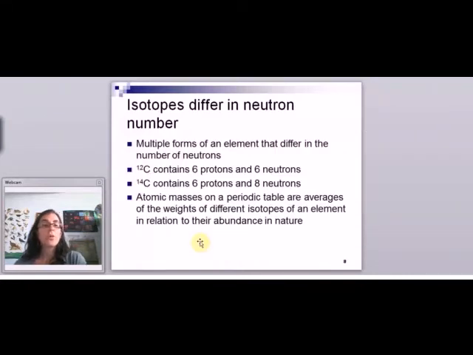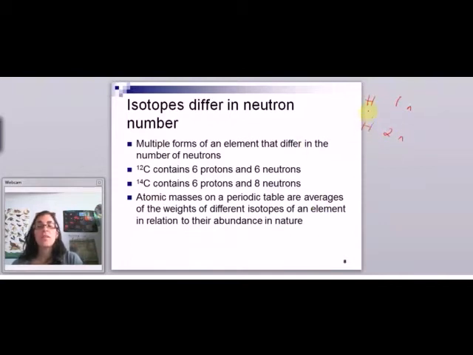Okay, so atoms of the same element can also be different still. Let me give you an example here. If I'm talking about a hydrogen atom, I can have a version of it that has 1 neutron, or I can have a version of it that has 2 neutrons.